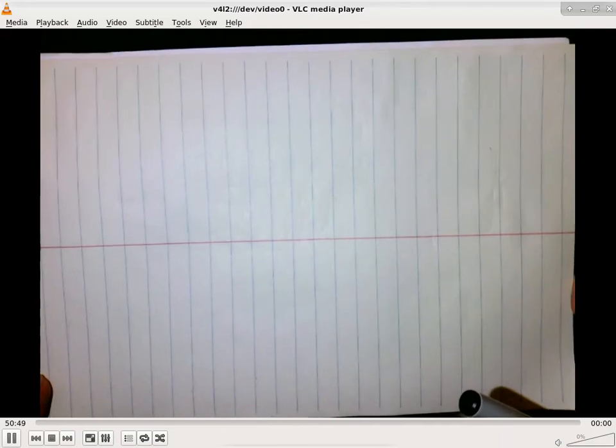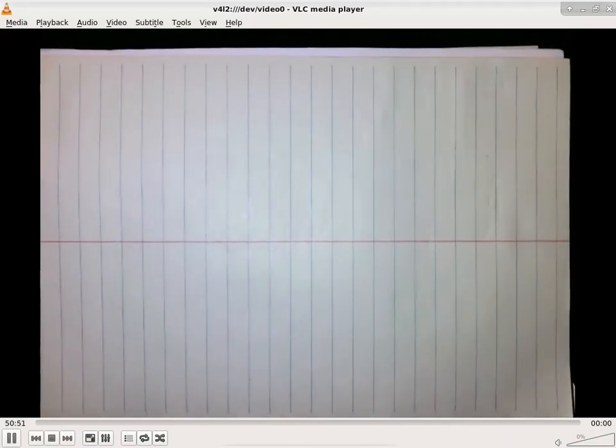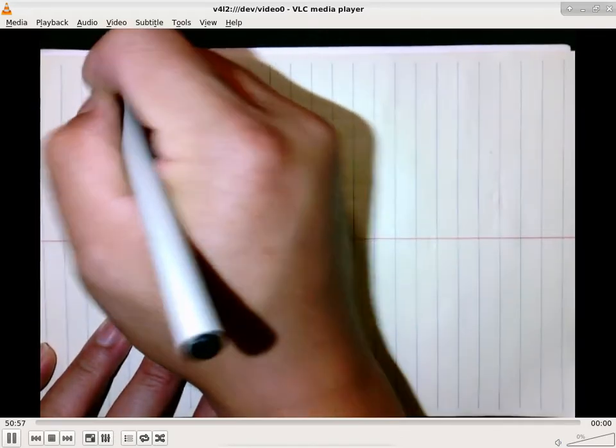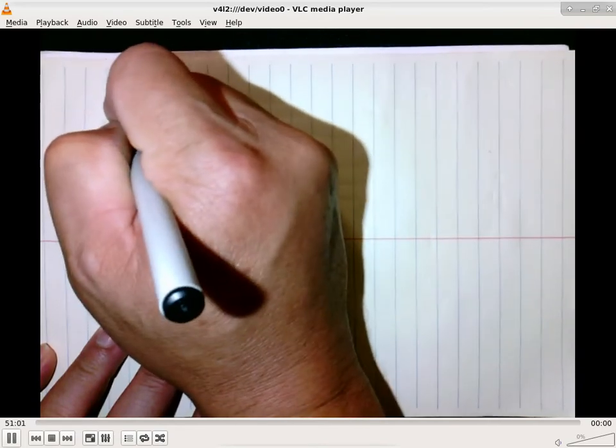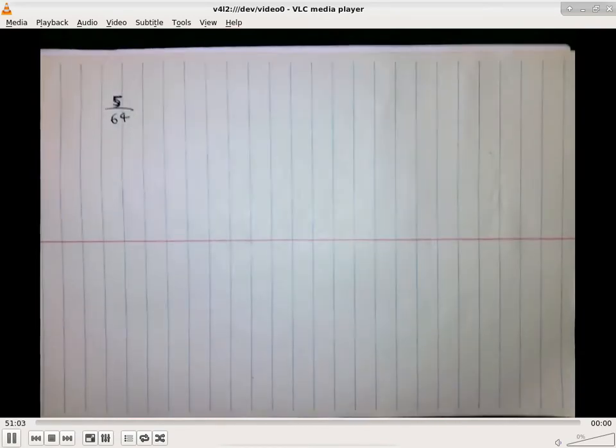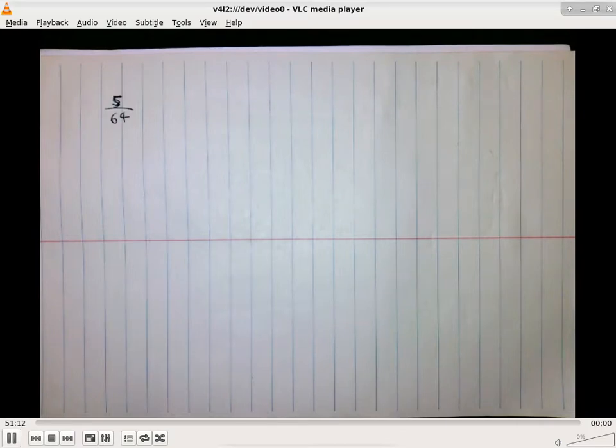To make sure that we have a value that can actually be represented, we have to be careful. So let's try the value of 5 divided by 64. This is the value that I want to represent. But now the question is, how do we represent this using a double? Are we doing okay so far with this?